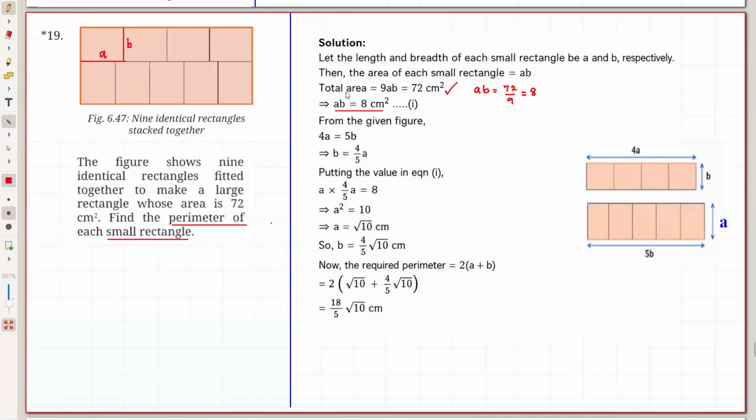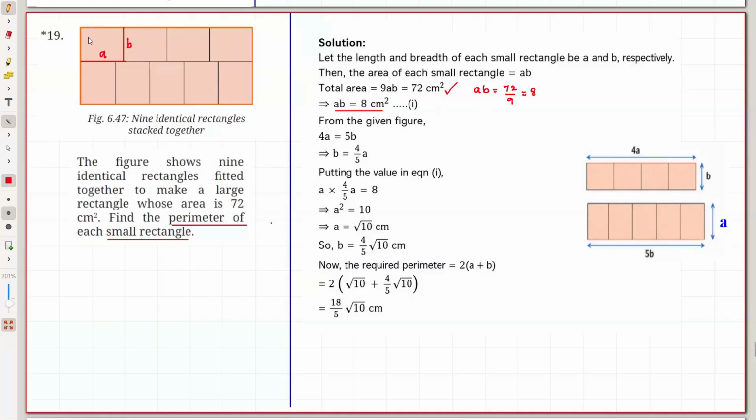We have 9 rectangles, so 9 times AB is equal to 72, as given in the question. Whole area is 72. Taking this 9 to the other side, it becomes division: 72 by 9 is 8. So AB is equal to 8.